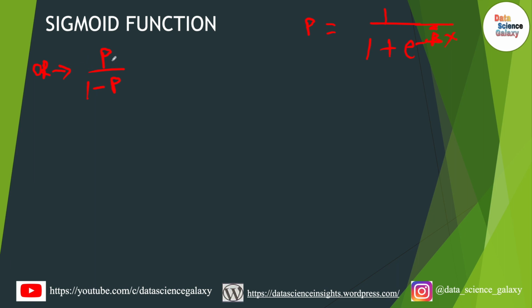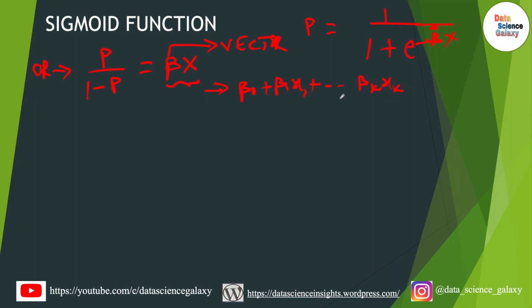Where p is probability of success, 1 minus p is probability of failure, I can equate this to some term on the right hand side, where you can think of beta to be a vector, and beta dash x is nothing but beta naught plus beta 1 x1 plus beta 2 x2 etc. up to beta k xk.